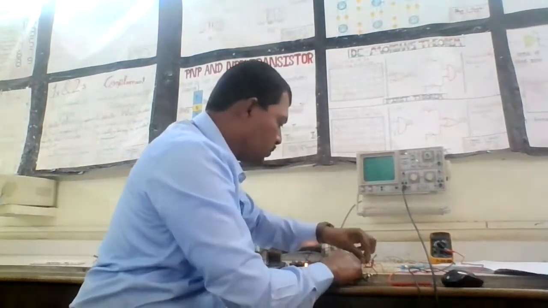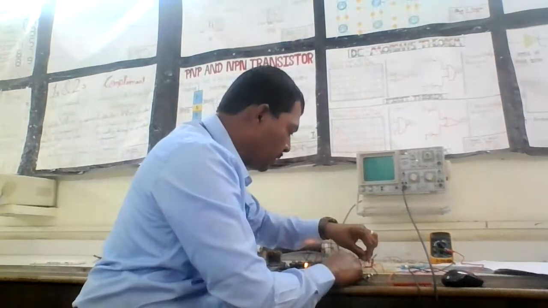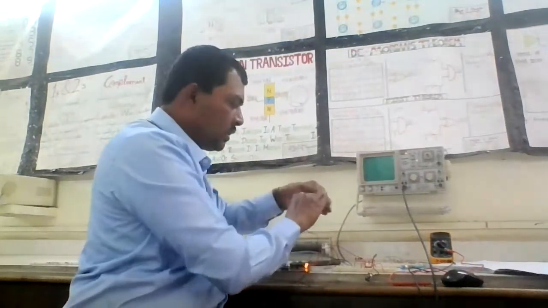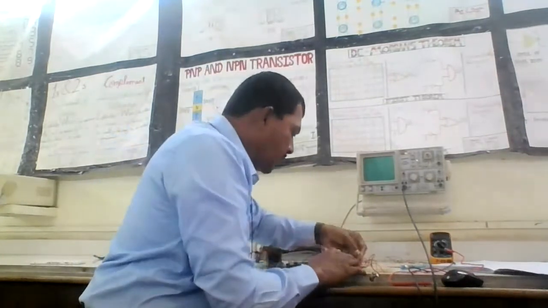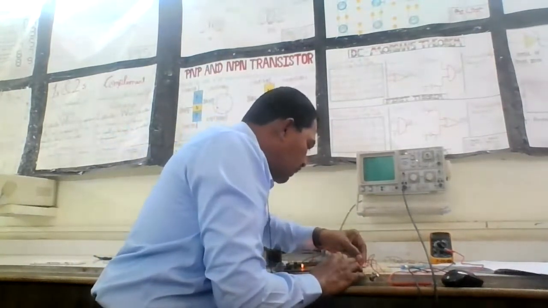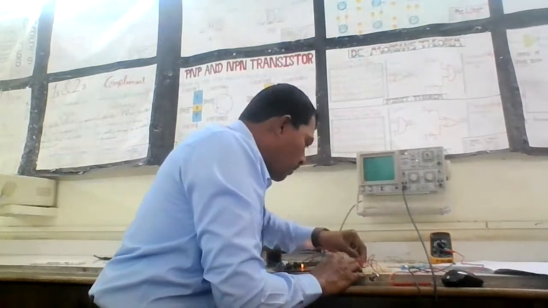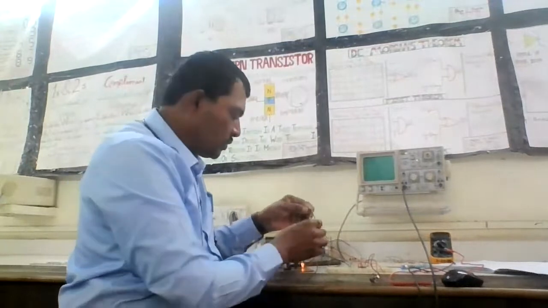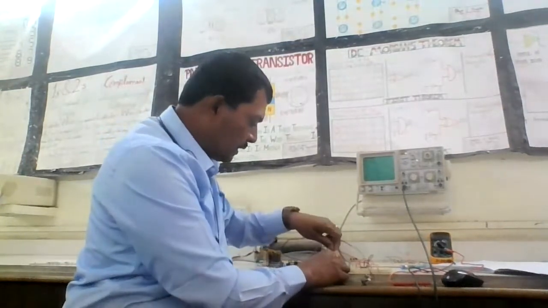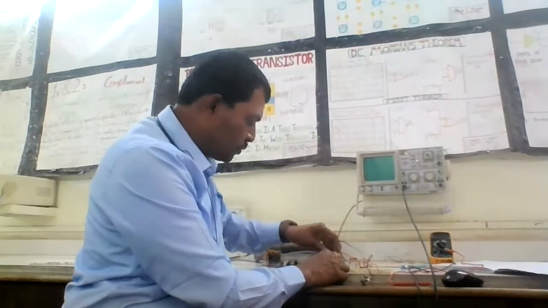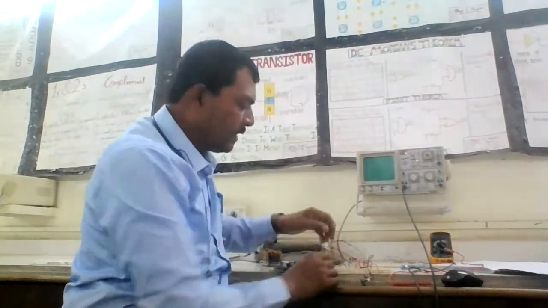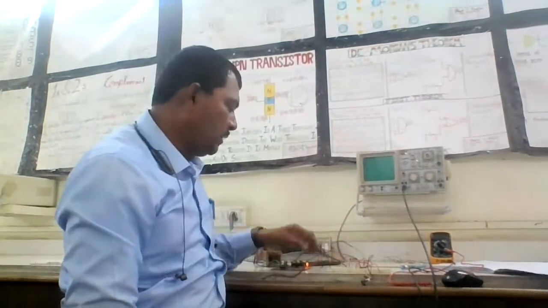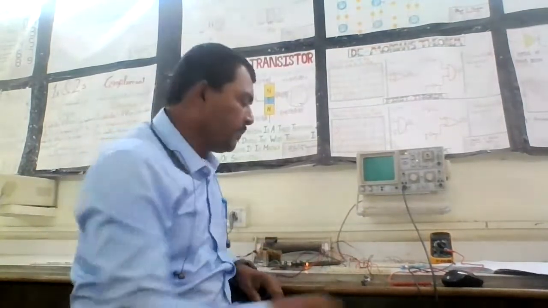Yes, I have connected it to the fourth pin, which is plus 12. And this is minus 12, which I am connecting to pin number 11 of the TL084. And this is the ground, which is to be connected to the ground terminal, the lower line of the breadboard. So I have connected the power supply to this circuit.